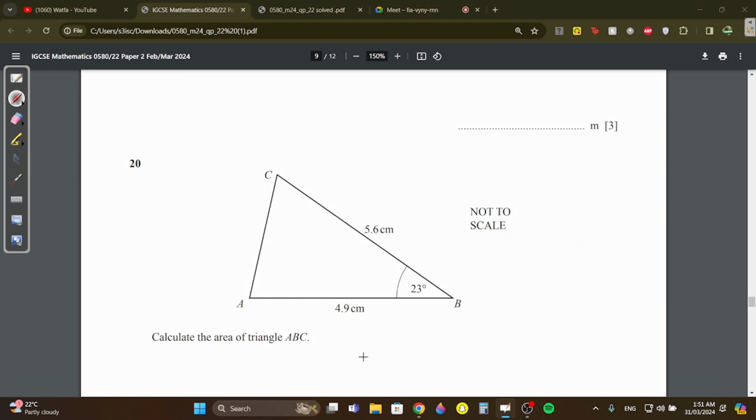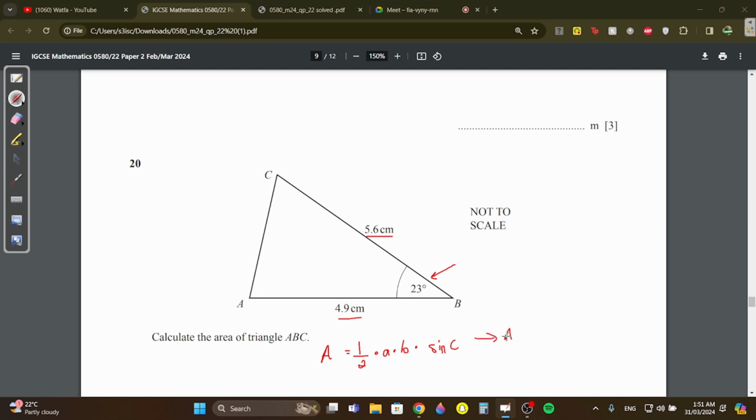Calculate the area of triangle ABC. Whenever you have a triangle and you have two sides and the angle between them and you're asked to find the area, you use the area equals 1 over 2 times side A times side B times sine of the angle between them. This is the rule. I'm just saying in general.